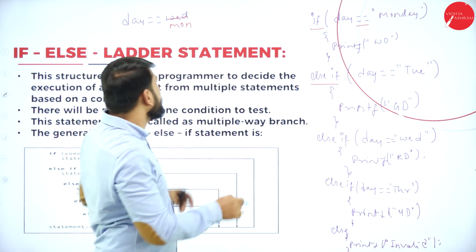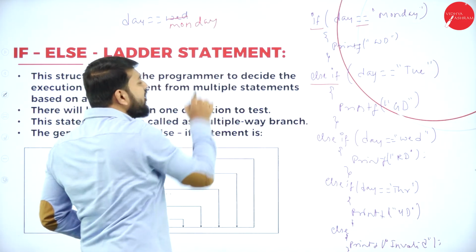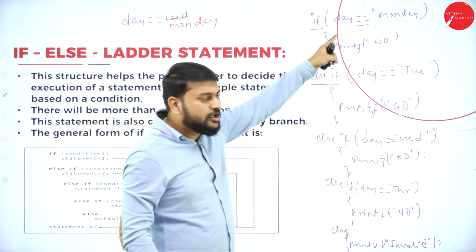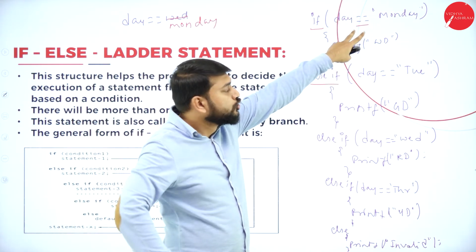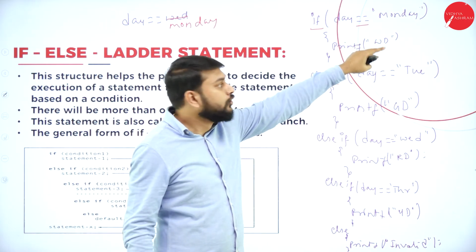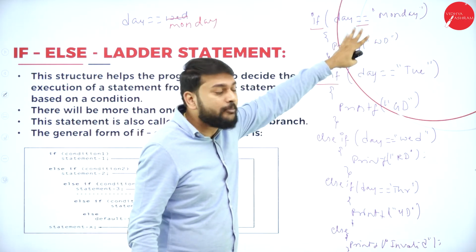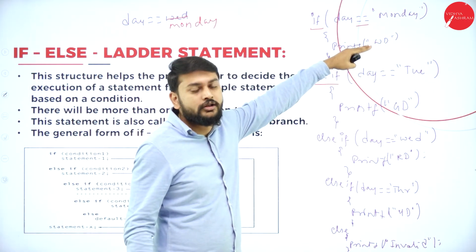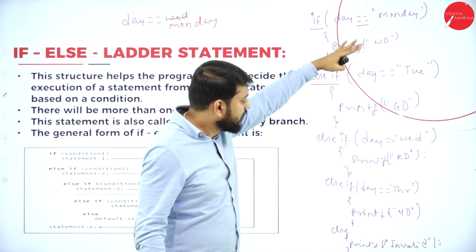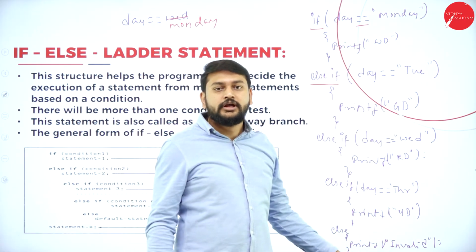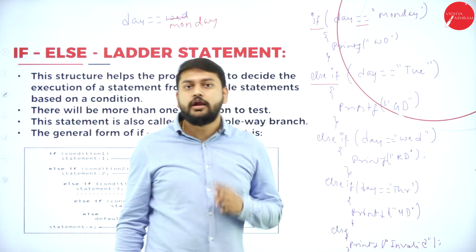Do I have Monday in day? Yes, so the condition is true. This true block will be executed, and the rest will be skipped. It will not touch the rest at all.